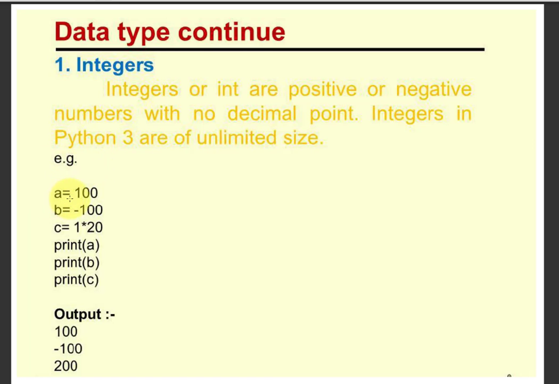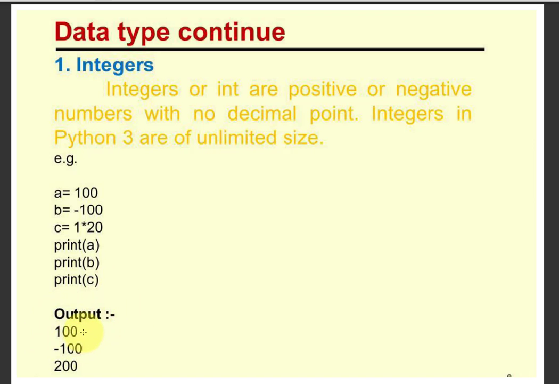The variable a has 100, the variable b has the negative number -100, and c is the multiplication 10 into 20. When you execute these variables with the print method, what happens? I print variable a, print variable b, print variable c, and then I get that output.